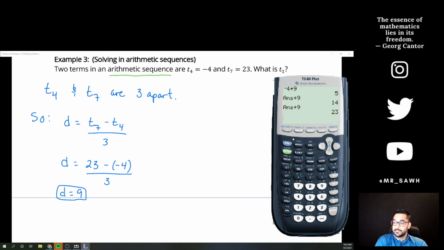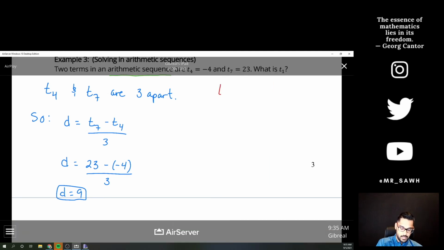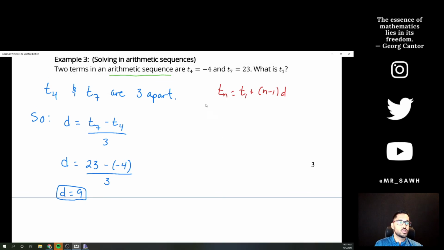Works out perfectly. Now that I know the common difference, let's go back and find out what that first term happens to be. We can reverse engineer this. So here's our formula: Tn equals T1 plus n minus 1 common differences. Now, I have 2 terms, and I could really use whichever one I want.